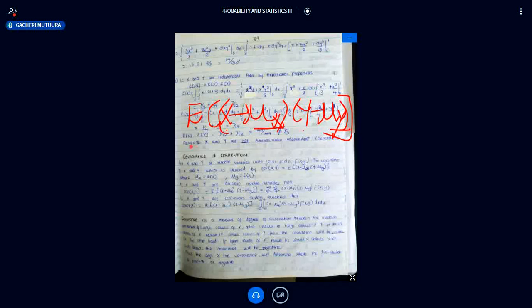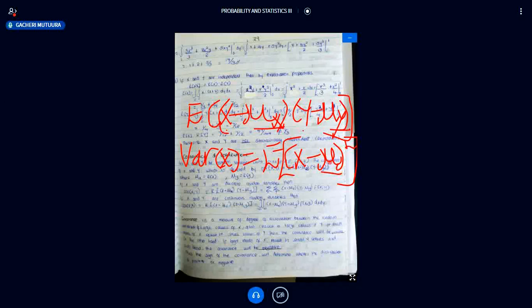This is as a result that when we are defining the variance of x, we normally say that we take the expected value of x minus mu squared. This square is usually the second central moment from the mean.